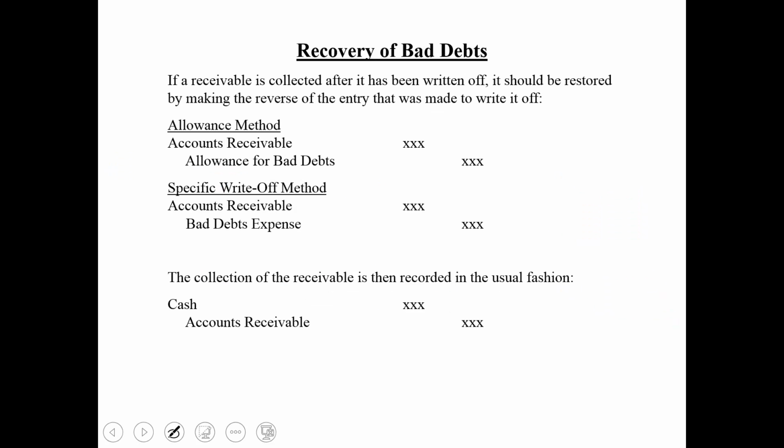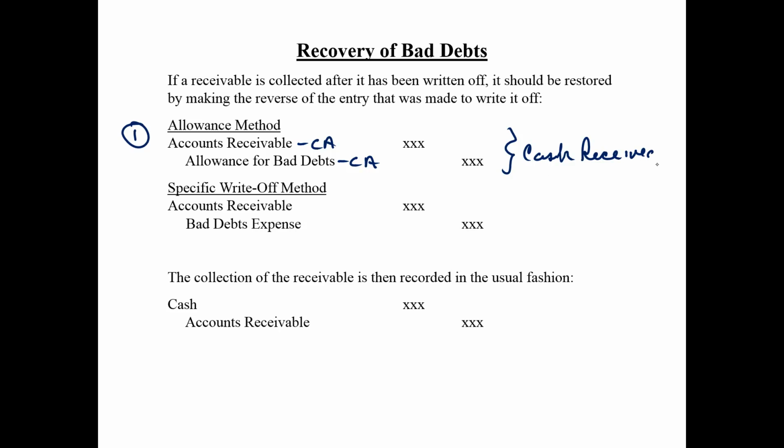And then when we look at recoveries, again, it takes two entries. The first one is we got to put them back on the books. Again, these are both current asset accounts. This is only for the amount of the cash that you receive, not for the full account. Ignore this.